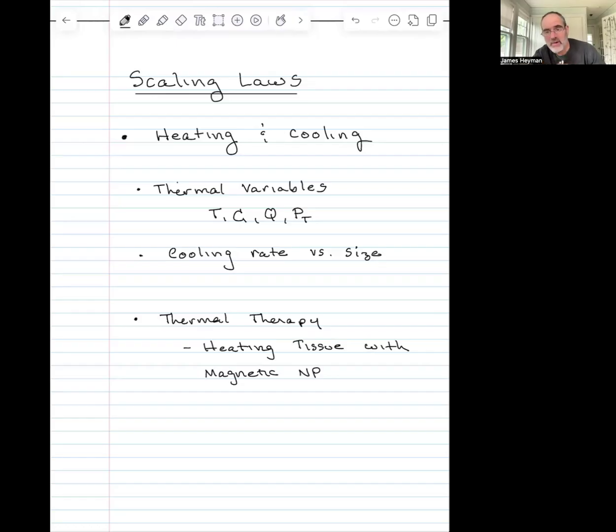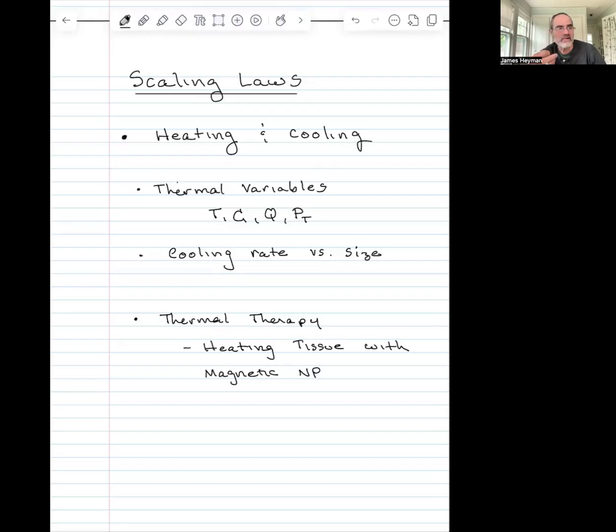The magnetic nanoparticles will be excited with an oscillating electromagnetic field, and that's going to make them heat up. And in turn, that heats up the tissue inside of the patient.